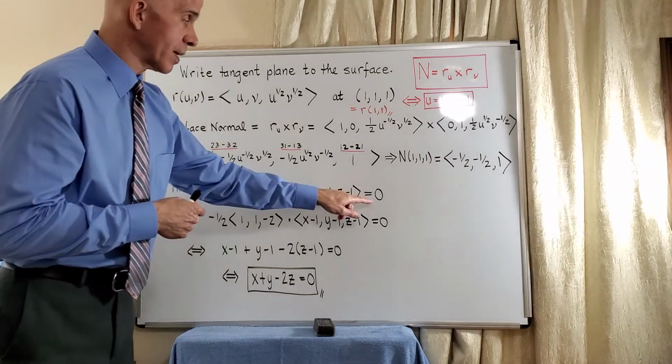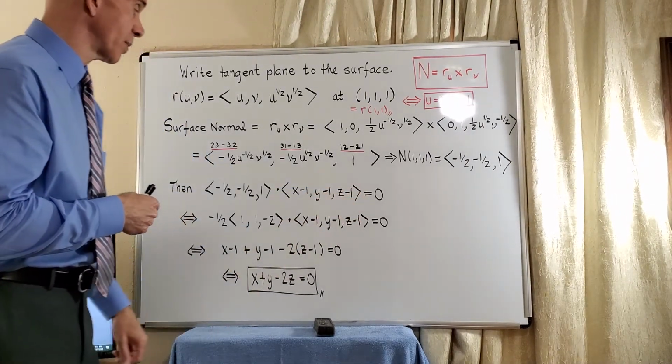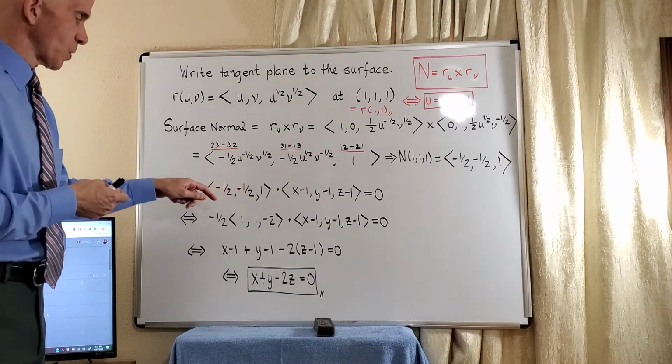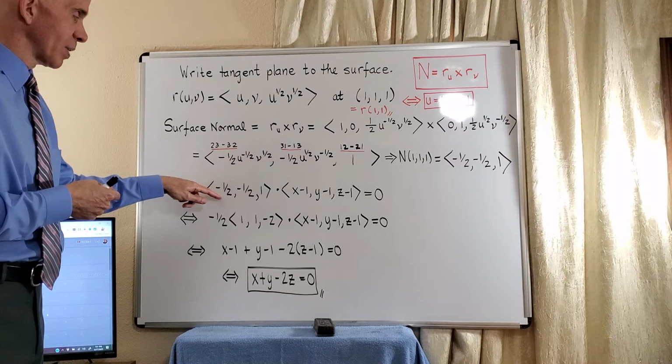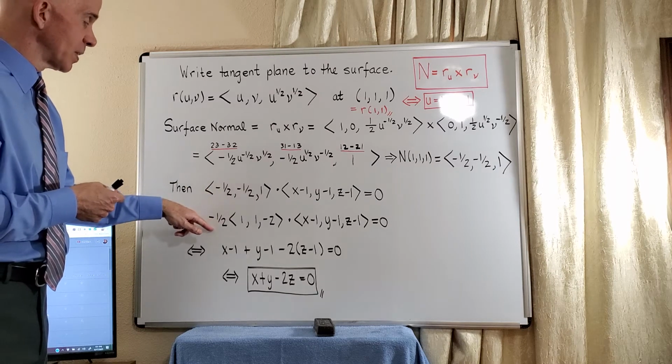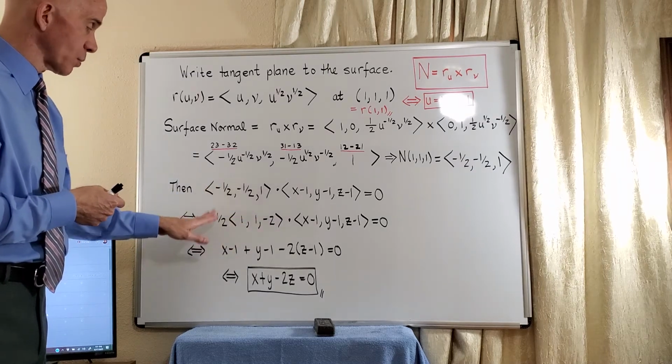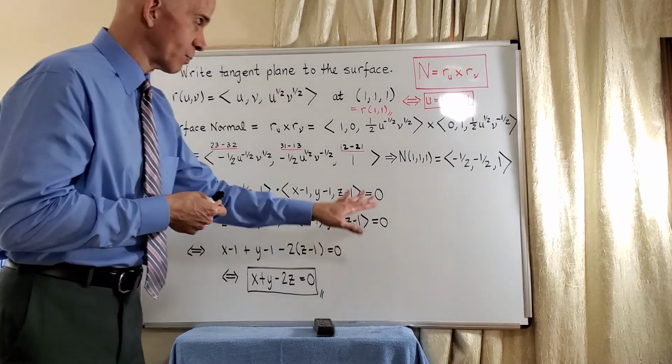And of course the orthogonality condition gives us the 0 here. To make the computation easier, these numbers are in the way, so go ahead and factor a negative 1/2 from this vector, and that'll give you negative 1/2, and then we have a 1, and of course the negative 2, and then the negative 1/2 will just divide out, and we're done with it.